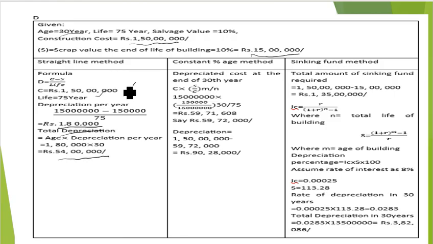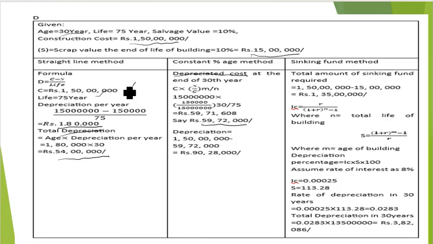Constant percentage method, you know, will directly give you depreciated cost. It will not give you depreciation. So you put the formula: C into S upon C raised to power m upon n. C is 1 crore 50 lakh multiplied by 15 lakh divided by 1 crore 50 lakh, raised to power m upon n, where m is 30 and n is 75. It is approximately 59 lakh 72,000.